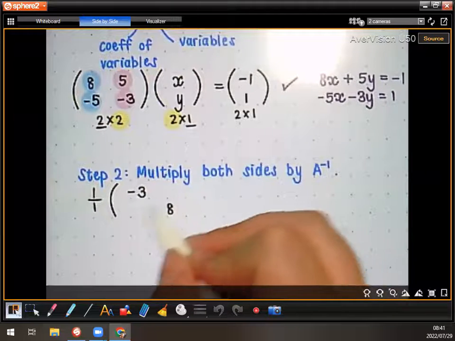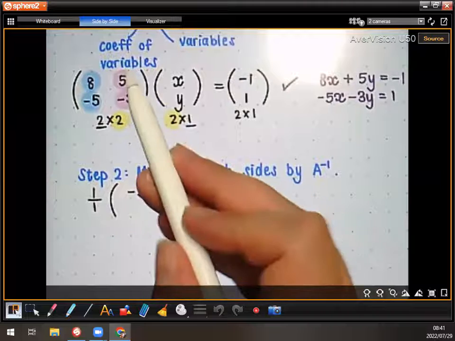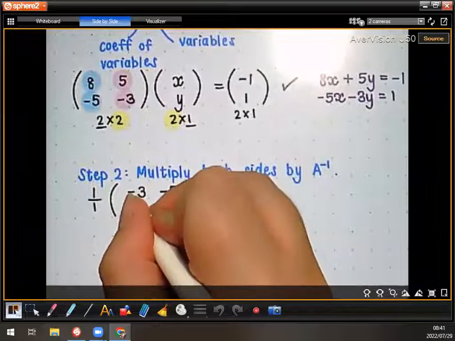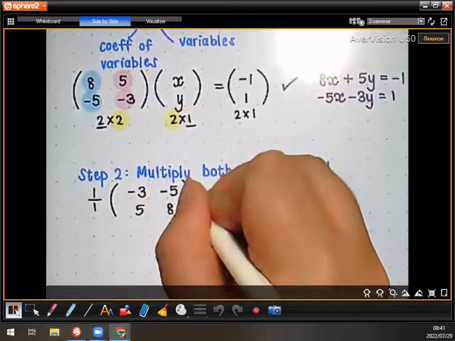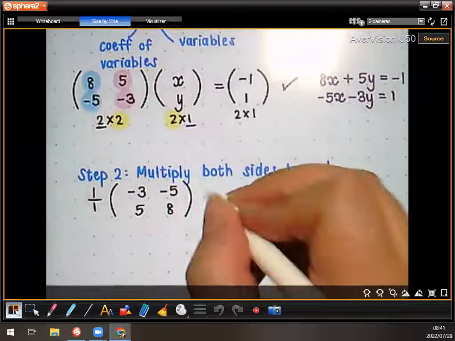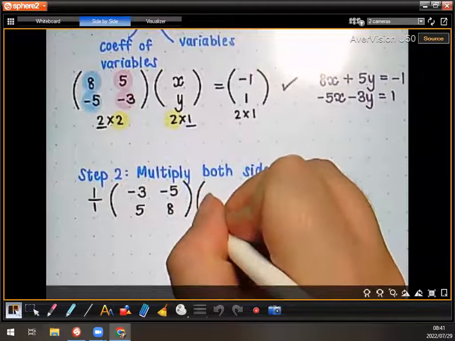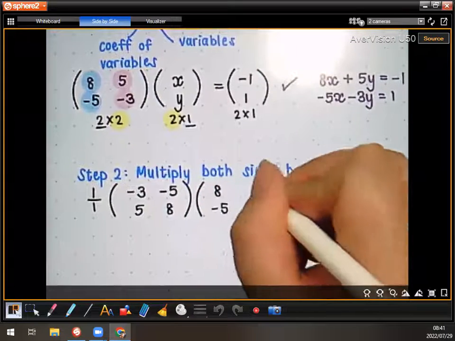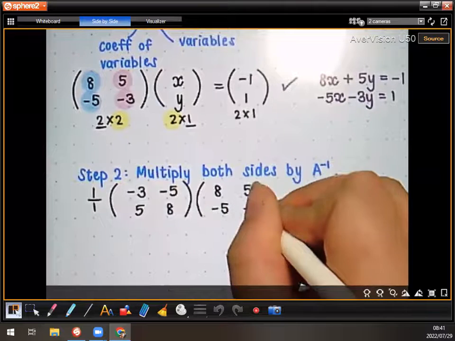And these two, we're going to change the sign. So 5 now needs to become -5, and the -5 there needs to become 5. And now we're just going to write the rest of what we had originally.